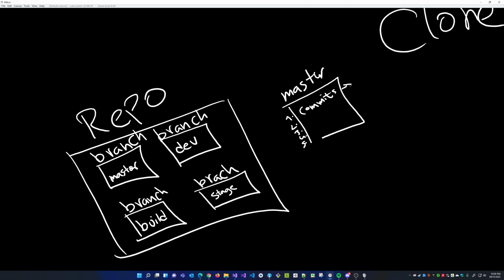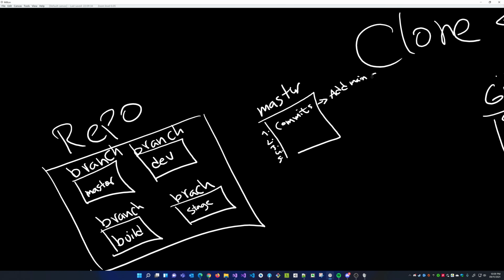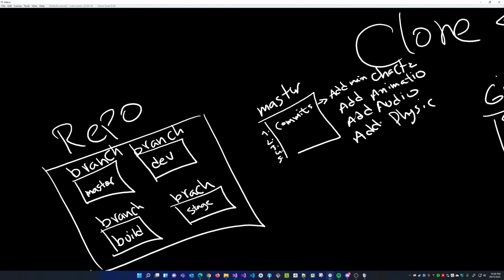So for example, in this commit, I said added main character. So this is my main player. Another commit that says added animation. So I added animation over here. The second commit. The third commit I did added audio. The fourth commit I said added physics.